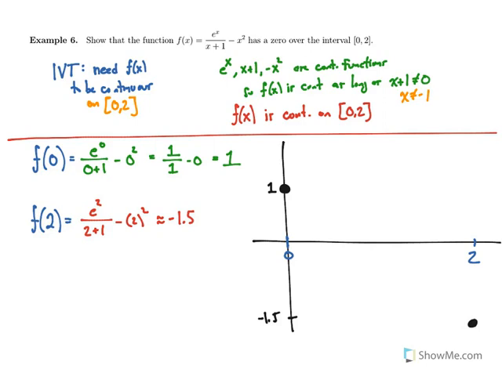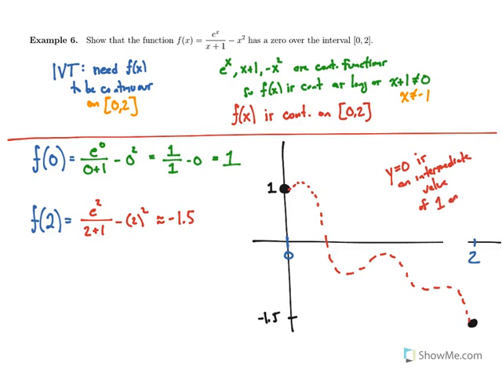And since this is a continuous function, no matter how you try to connect these dots, it has to cross the x-axis at some point, right? y equals 0 is an intermediate value of 1 and negative 1.5.